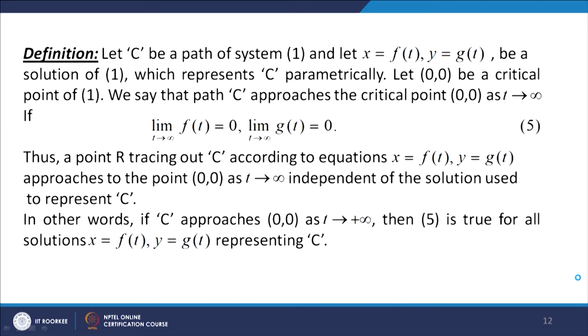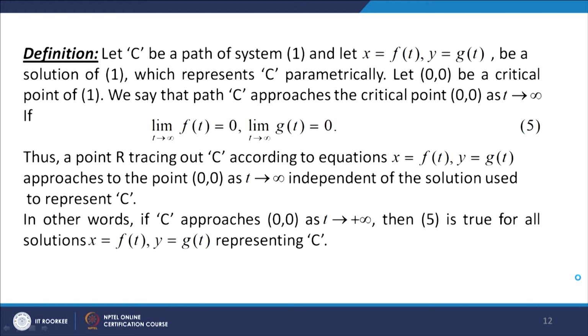Now, let us assume that C be a path of the system 1 and let x equal to f(t), y equal to g(t) be a solution of 1 which represents C parametrically, and let us take 0 0 to be a critical point of 1. As we have already said, this point 0 0 is an isolated critical point.